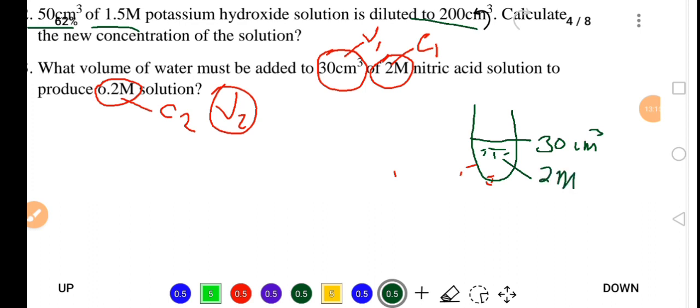Now we want to dilute this 2 molar to 0.2. What will be the volume that must be added? Because when we are adding that volume, the volume will be increasing. Okay? So you need to be very, very careful.